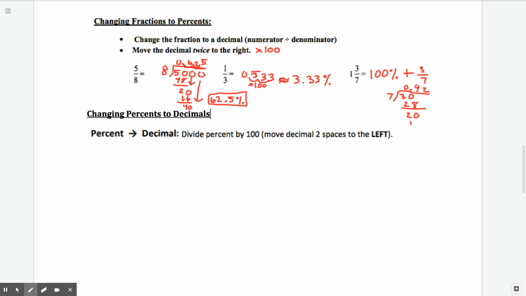That makes 14. And then when you subtract that, you get 6. You got to add the 0. 7 into 60 is 8 whole times. That makes 56. Notice we're getting pretty far out here, 56. And then when you subtract it, you get 4, and it would be 40. So right about here, I would go ahead and stop.